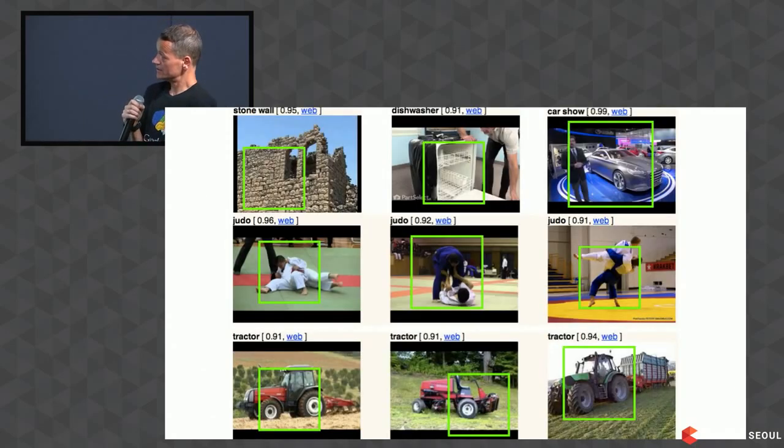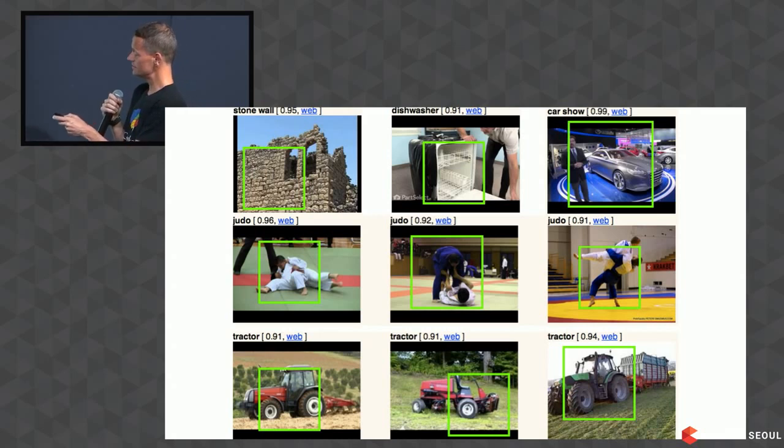So in terms of data, images. So this is a lot of typical images that we would see. And you see this system, there's a stone wall on the first one, so it actually shows where the stone wall is with a probability of 0.95 that this is a stone wall, right? For the second one, we have a dishwasher, a car show, judo in 3 cases, tractor in 3 cases.